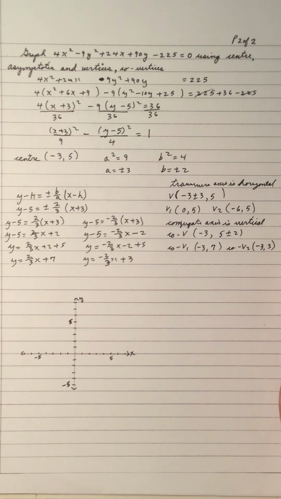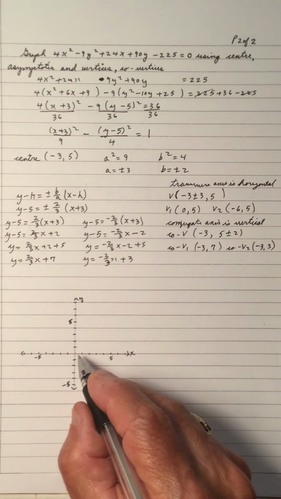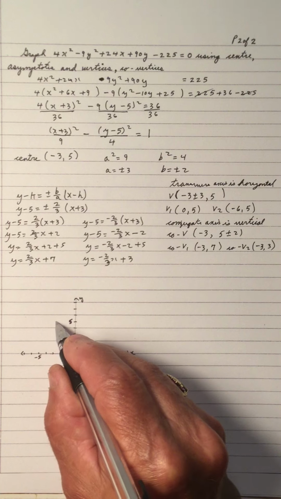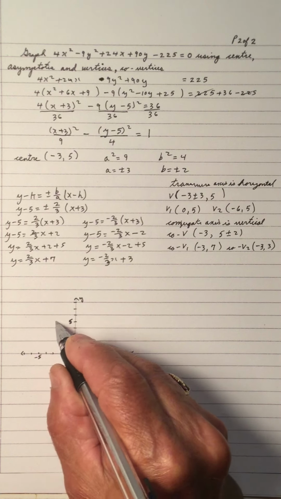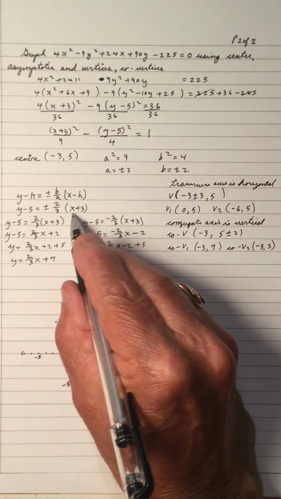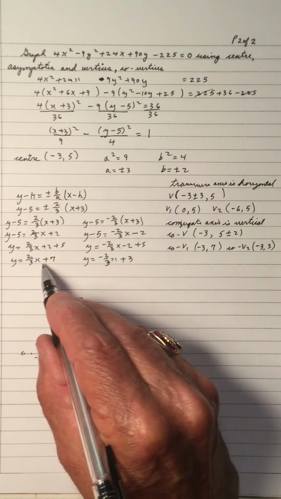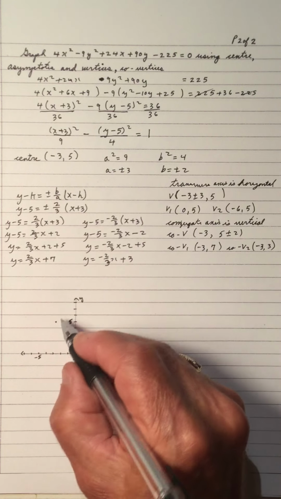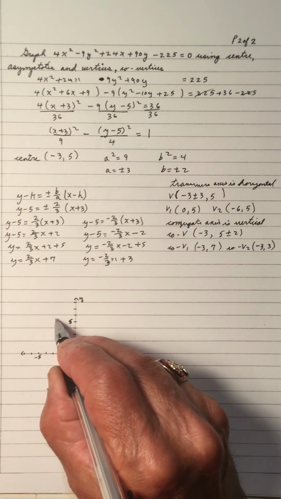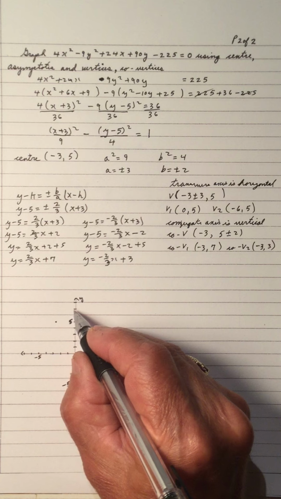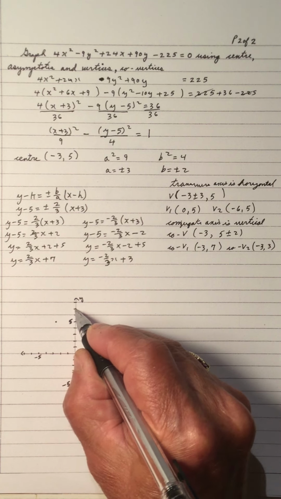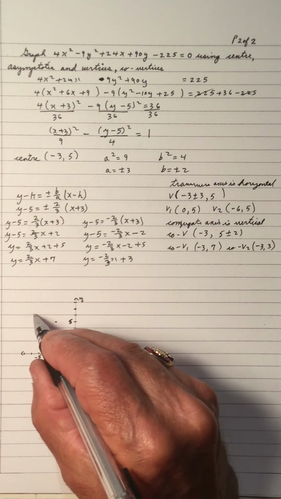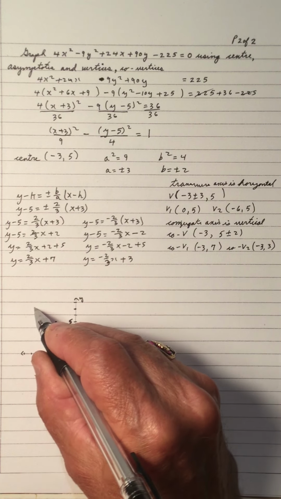Now let's graph it. So the center is x is negative 3, y is 5, center is here. Now we can plot the asymptotes by using these. So we use the center and go up 2, right 3, we'll hit right here. If we go up 2, left 3, then we'll hit at the negative 6, which is right here.